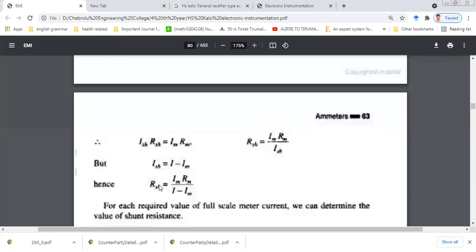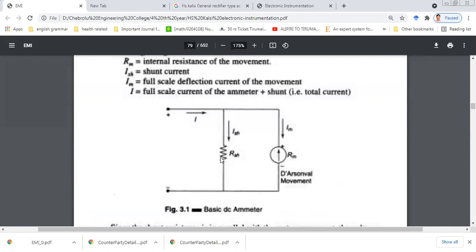Finally we have to find the value of the shunt resistance RSH, for which the meter shows maximum deflection for a given input current.